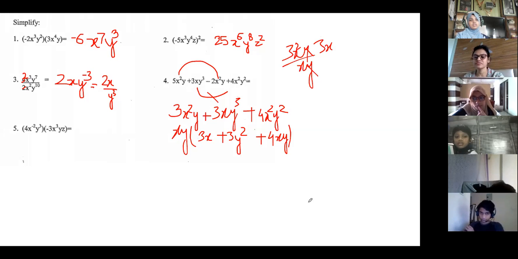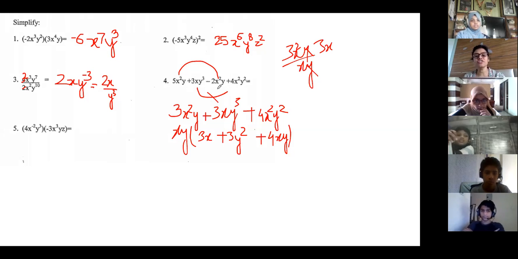Ma'am, how did it come like 3x square y plus 3xy cube? The question was 5x square y minus 2x square y; same terms are there, x square y and x square y, same variables. So you can do 5 minus 2 over here.